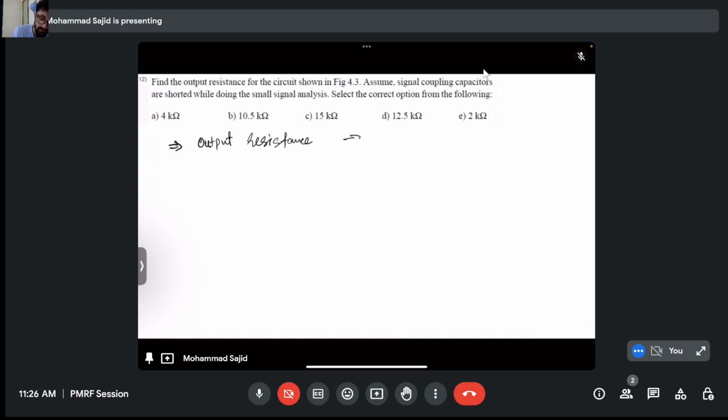Again, what we will do is short the input voltage source, short capacitors. That is why I have to again draw the equivalent circuit. So this will be ground here, and this will be R1 parallel R2 here.